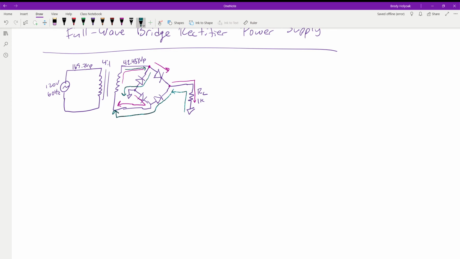And so what this ends up doing as well is this ends up burning. So it takes your input signal of 42.433 volts, and it spits out this.